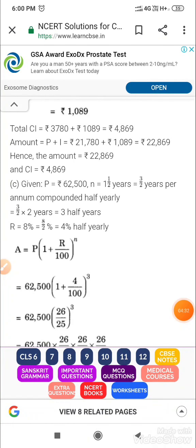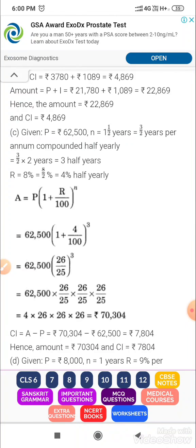For calculating compound interest half yearly, we double the time and take half of the rate. So half of the rate is 4% and double the time is 3 years.